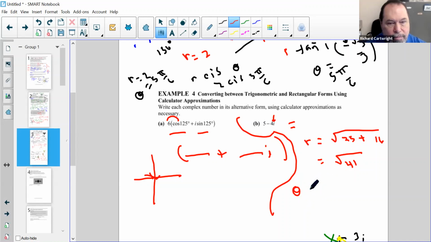That's the exact answer. Theta, I'm not going to be able to do that one either because I need a calculator, but that will be, I keep writing theta, tangent of theta will be my y over x. What's the y value? It's the part that's with the complex number, so you're going to write a negative 4.